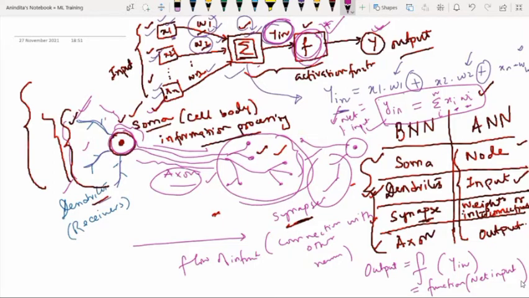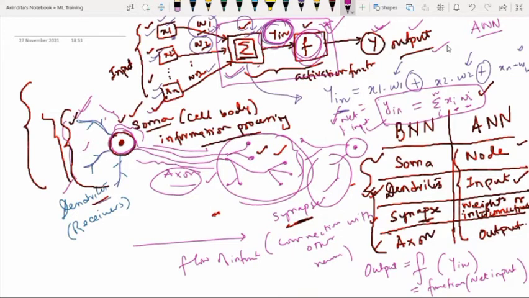This is a two-step processing. Whenever we are working on an artificial neural network, remember that the output comes from a two-step calculation. The first is the weighted sum, from where we get the net input, and then we apply the activation function on this y in, and then only we get the output. So this is the basic architecture of an artificial neural network.